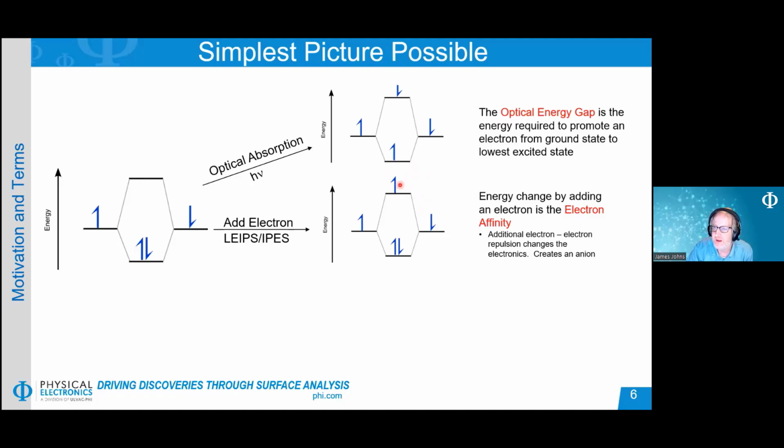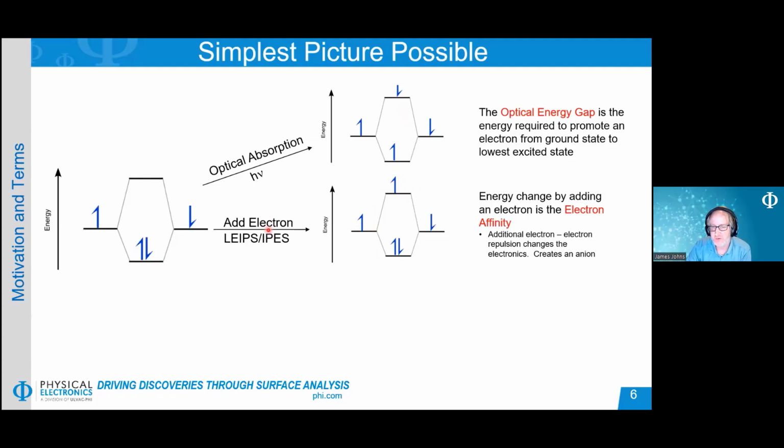Now, you can imagine that this has an extra electron in it. This is at a different actual energy than this, right? Because of the added electron-electron repulsion. And so the energy required to add that electron is the electron affinity.